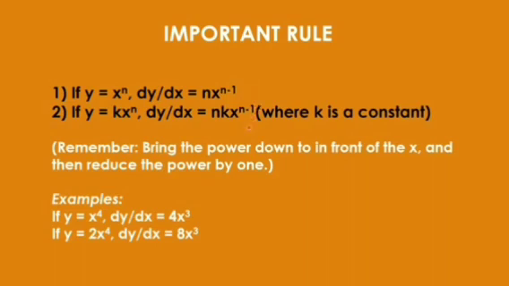These are the formulas which you have to keep in mind, and using these formulas those results can be verified. It means bring that power in front of x and then reduce the power by 1.